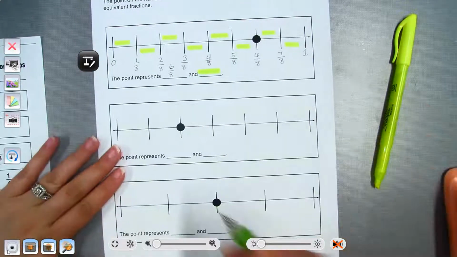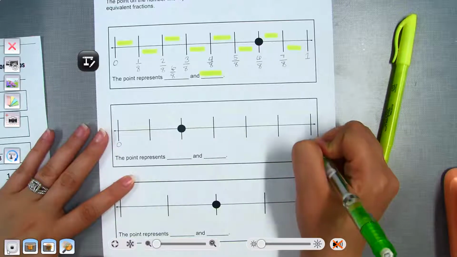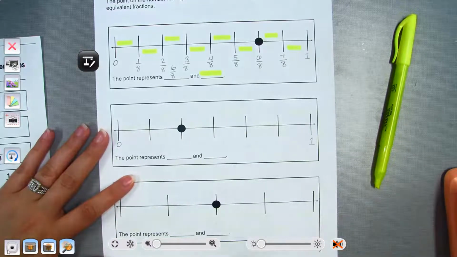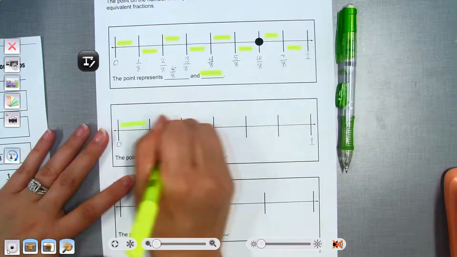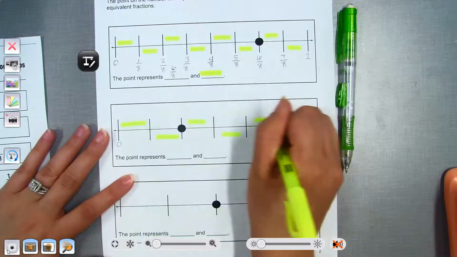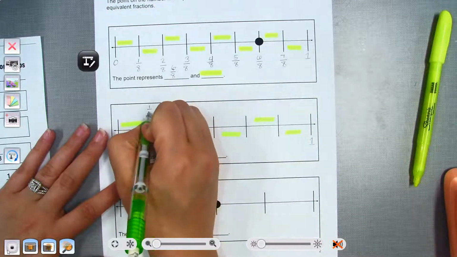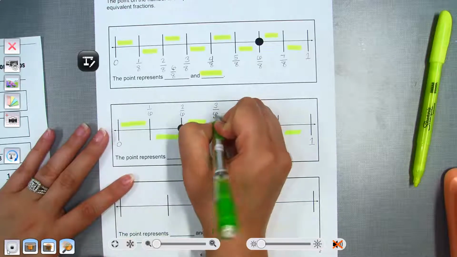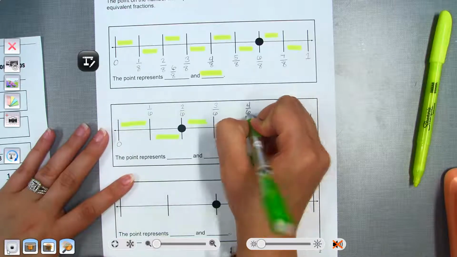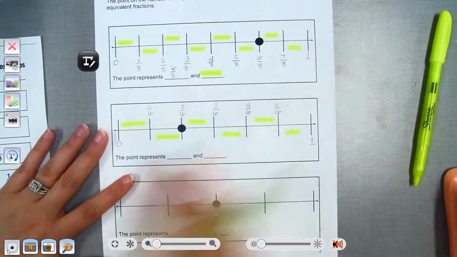Let's look at this one. This is 0. This is 1. I know this is divided into 1, 2, 3, 4, 5, 6. So this is 1/6, 2/6, 3/6, 4/6, 5/6.